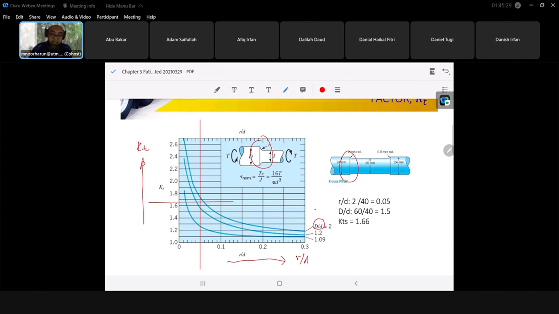Small d is the smaller diameter and capital D is the bigger one. It shows three graphs here. If the value is in the middle, you could do interpolation between the values.